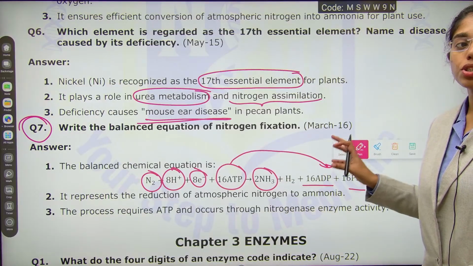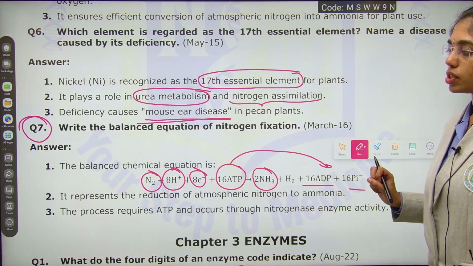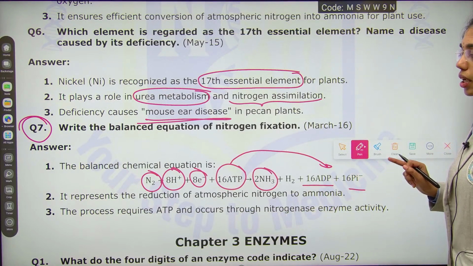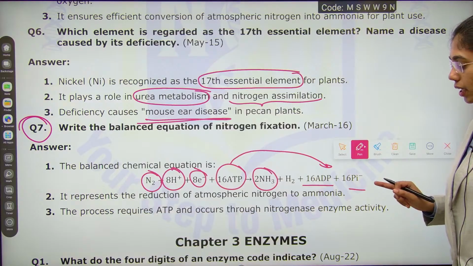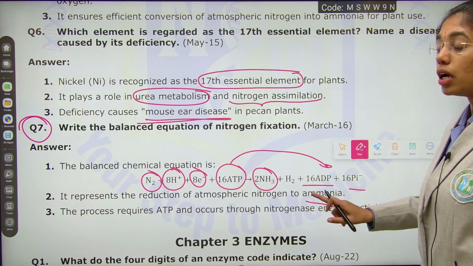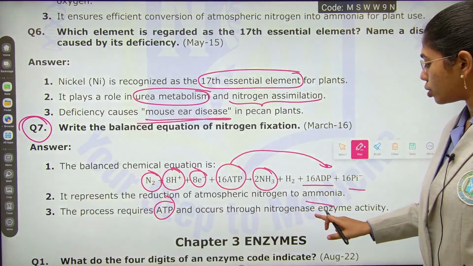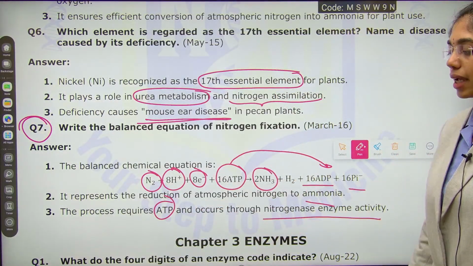This is the balanced chemical equation for nitrogen fixation, important for your AP set as well. It represents the reduction of atmospheric nitrogen to ammonia. The process requires ATP, and this occurs through nitrogenase enzyme activity.